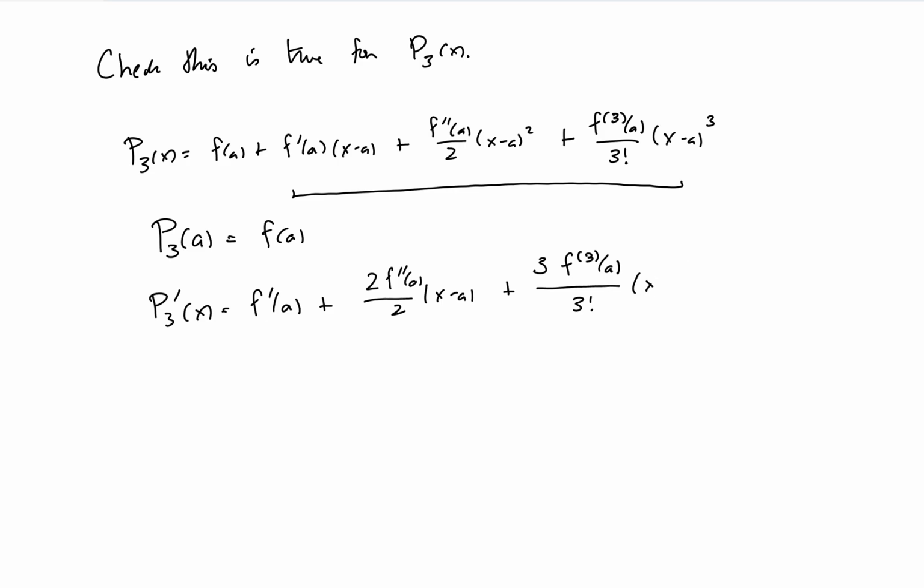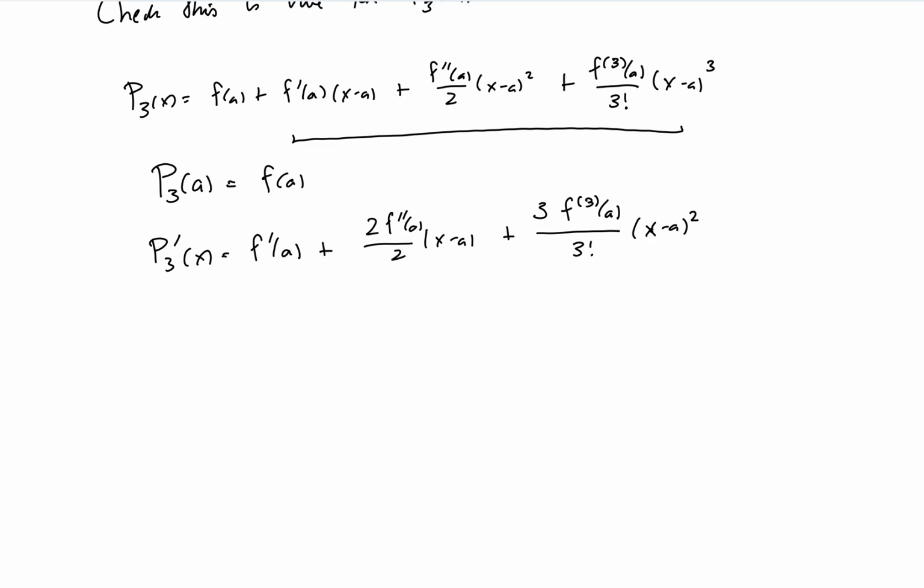This should be squared now. We can simplify this a bit, which isn't going to be so important for this calculation, but it will be for the next. Notice that 3 over 3 factorial is 3 over 3 times 2 times 1, which is 1 over 2 times 1, which is 1/2.